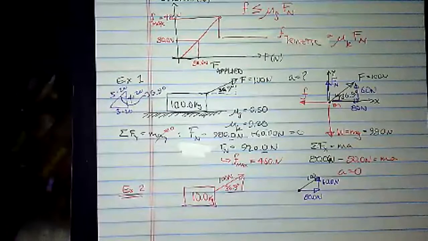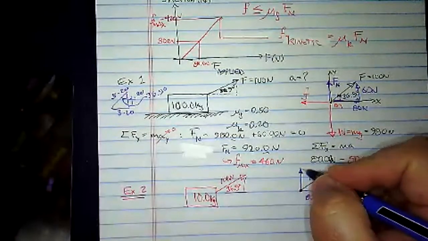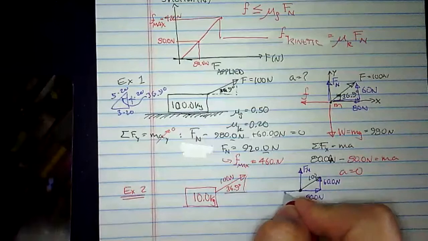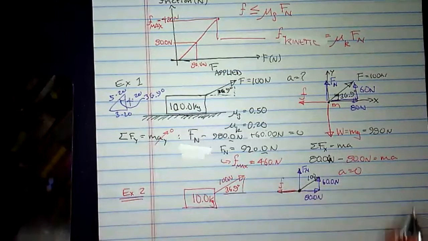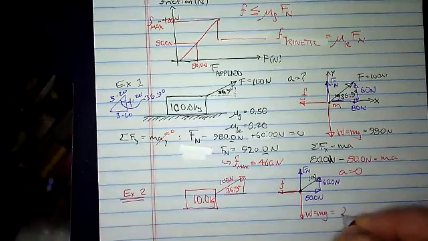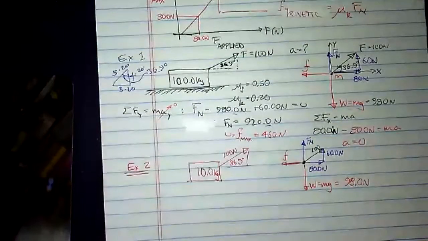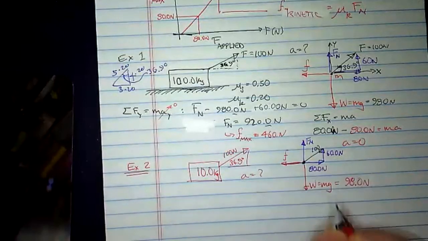And I'm also going to have a positive component of F sub n, and a friction force F. And I'm going to have a weight W equals mg is equal to 98.0 newtons. Again, I'm asking for the acceleration.